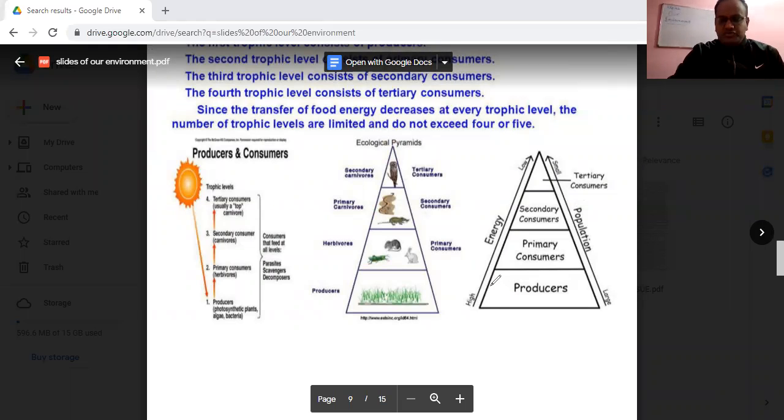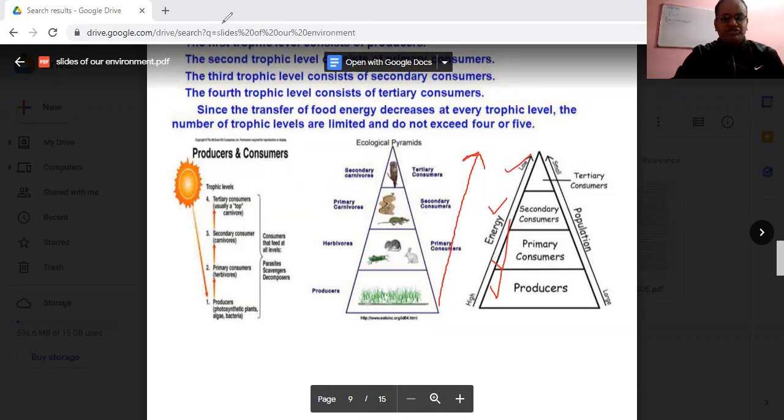At the bottom, producer is there, then primary consumer, then secondary consumer, and then tertiary consumer. So as we are moving from the bottom towards the peak of the pyramid, what will happen to the energy? Will the energy at each trophic level decrease or increase?